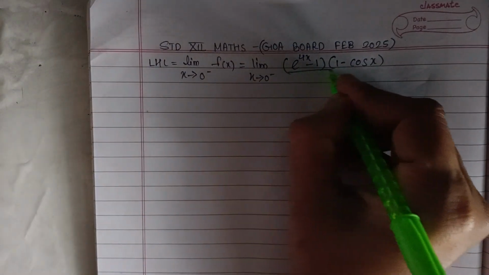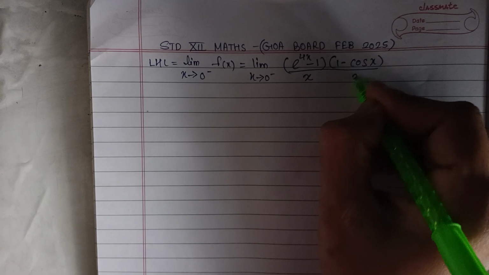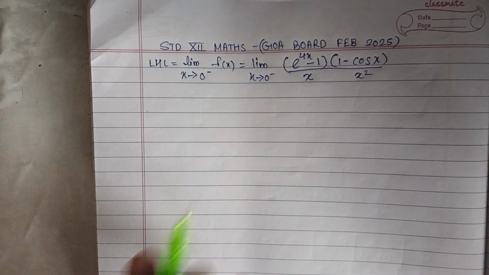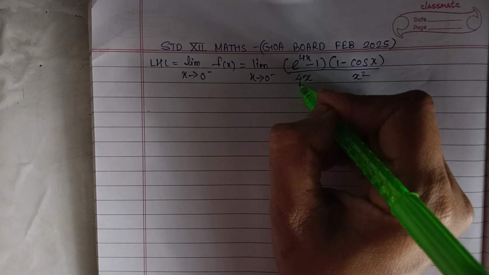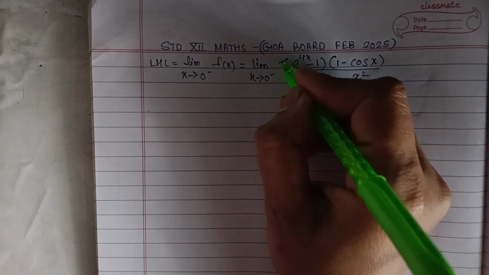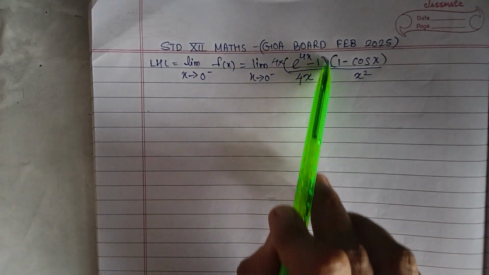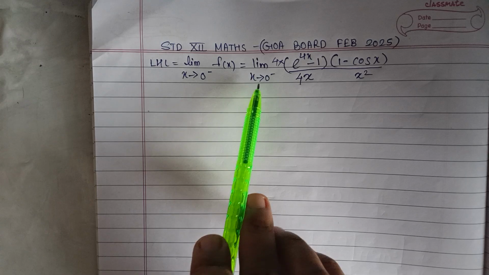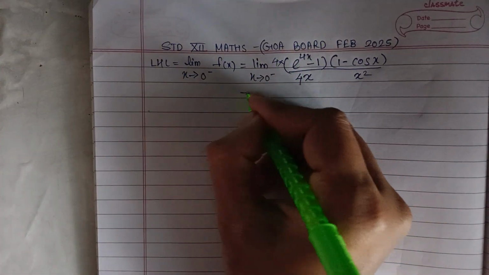So x cube we can split, I'll use x here and x square here. Now we have to make this as 4x, so multiplying by 4 and dividing by 4. So this term becomes 1 as x tends to 0, so I'll get here 4.